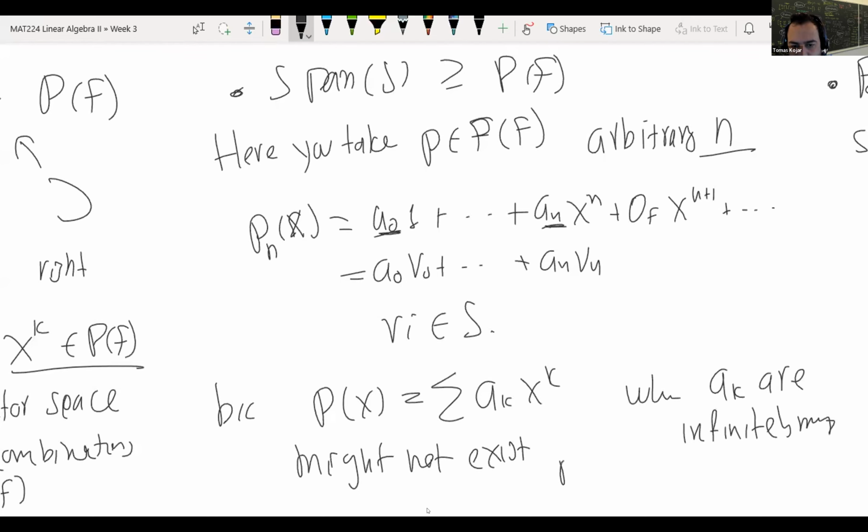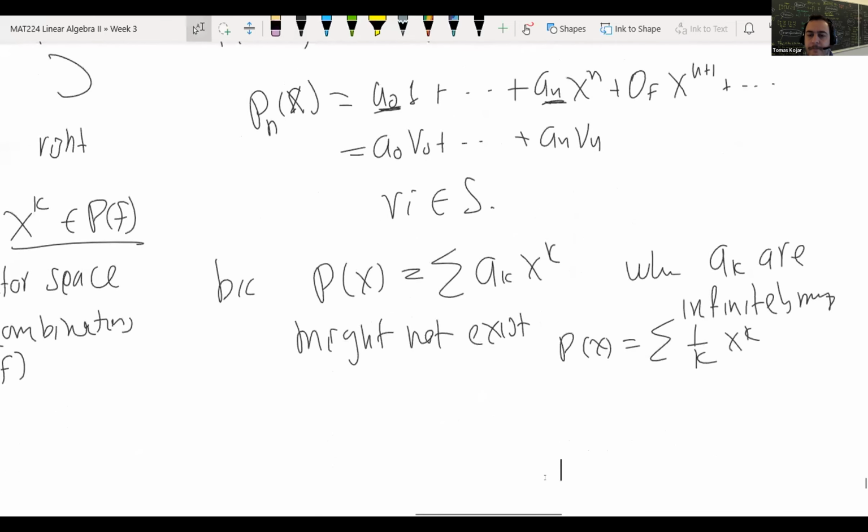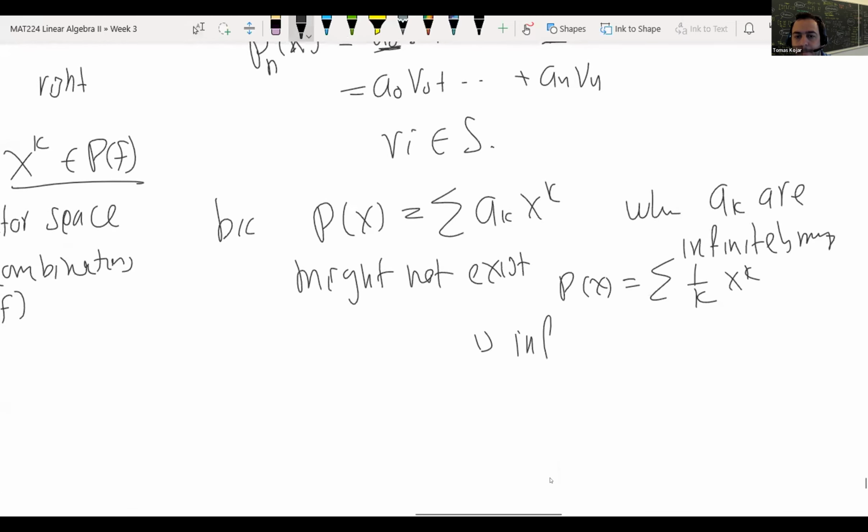So for example, the polynomial P(x) equal to the sum of 1 over k, xk, is infinite at x equals 1, right? This is called the harmonic series.